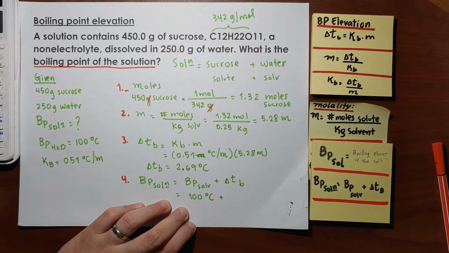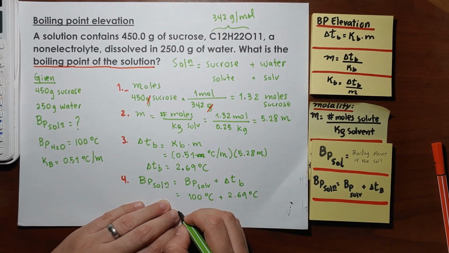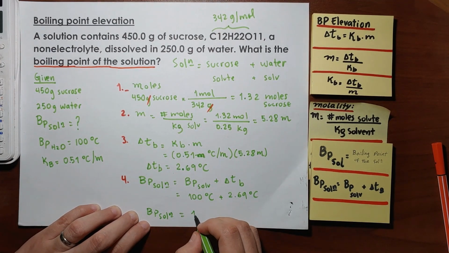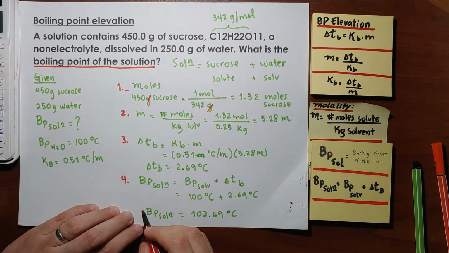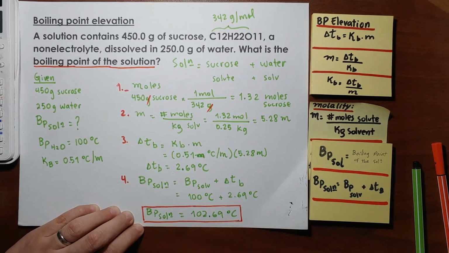If you remember, the equation used to be negative, but now in elevation we're going to have positive numbers. So this will be 2.69 degrees Celsius. So my boiling point of the solution is going to be equal to 102.69 degrees Celsius. And this will be my final answer for this problem.